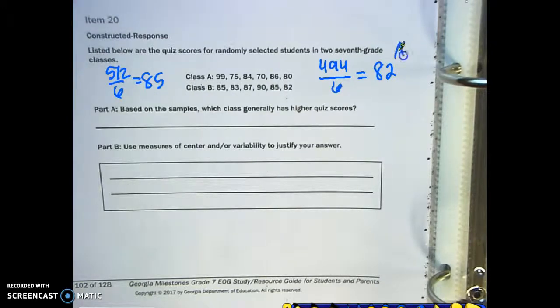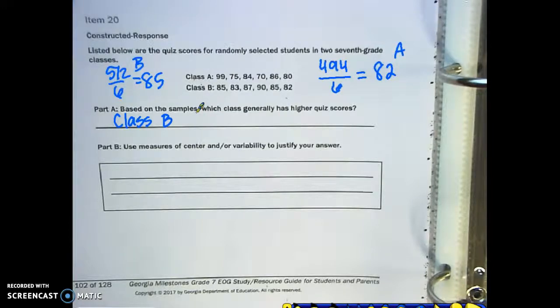This is Class A. This is Class B. So Class B has higher quiz scores. It says use the measures of center and or variability to justify your answer. Remember, measures of center is your average, and measures of variability is your range.